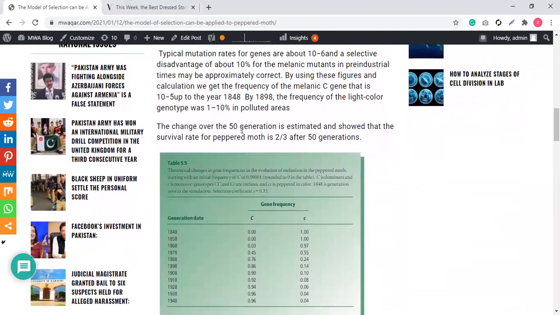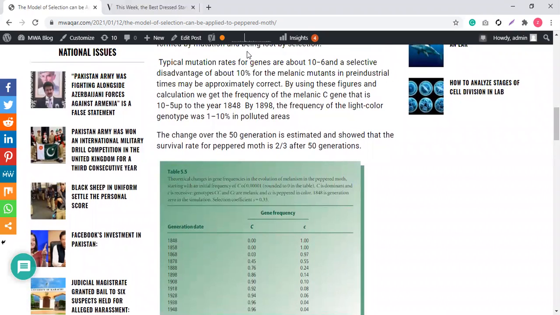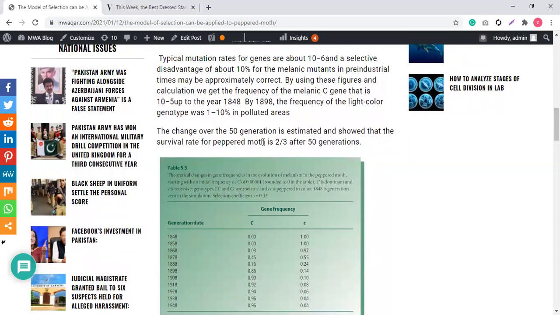And you have to focus here. At that time when it was in the low frequency, the melanic mutant was present in the low frequency, it was just 10%, and the light peppered form was dominant. And after the industrial revolution, the frequency of light genotype was 10%. Cool.